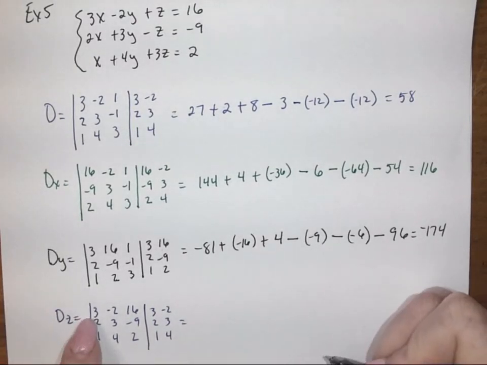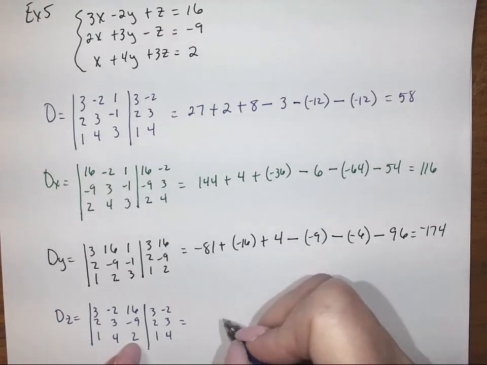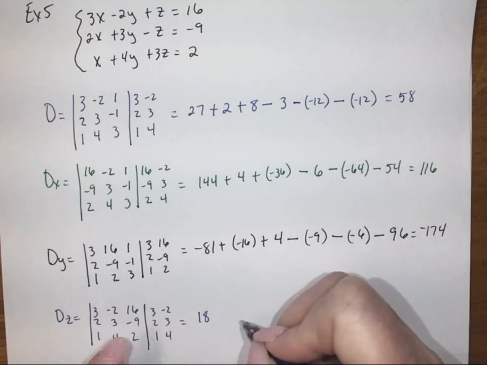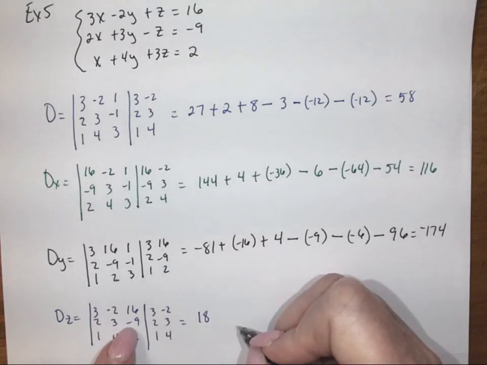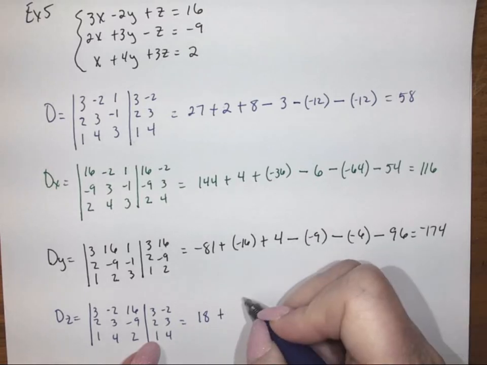All right, so 3 times 3 times 2 will get us 18. Negative 2 times negative 9 times 1 will get us 18.